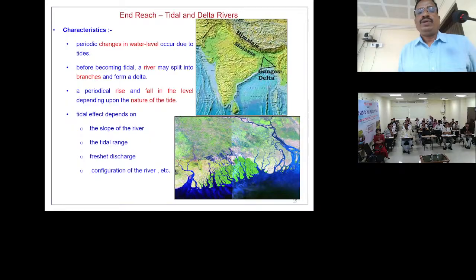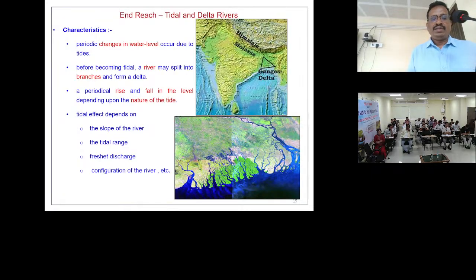The last one is tidal and deltaic rivers. Whenever a river is about to enter the sea, it will be divided into a number of channels, and periodic changes in water level occur due to tides. Before becoming tidal, a river may split into branches and form a delta. There is a periodical rise and fall in the level depending upon the nature of the tide.